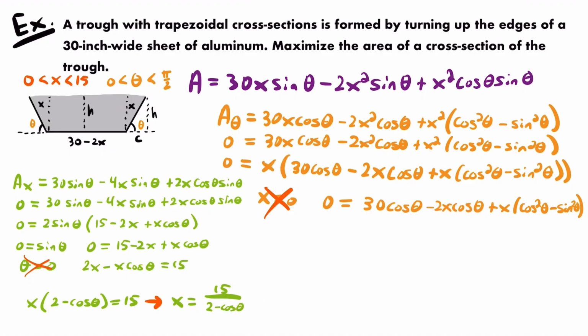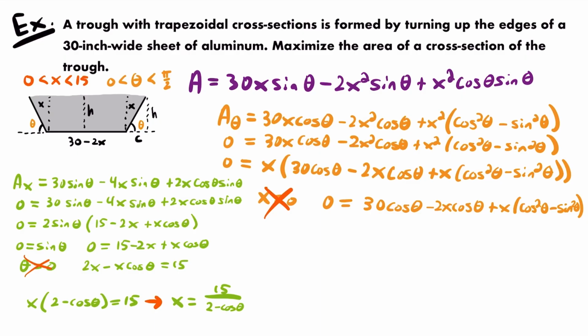So most likely we're going to want to use that to our advantage and try to isolate cosine theta. The only spot that we really can't do that is over here, where we have cosine squared theta minus sine squared theta. But thankfully, there's a trigonometric identity that can help us out here. We'll be able to get rid of this sine squared theta so that everything is in terms of cosine theta, which will be way easier for us to work with.